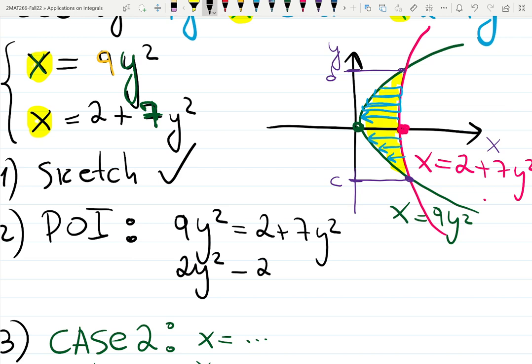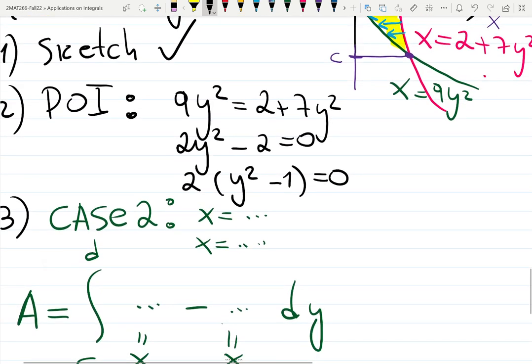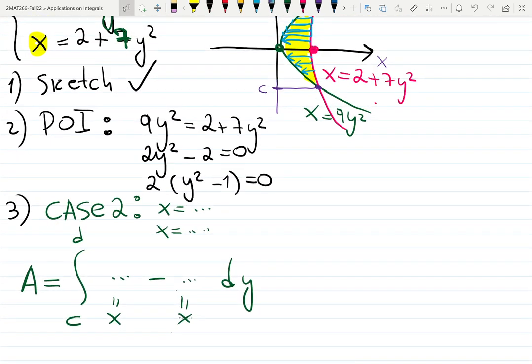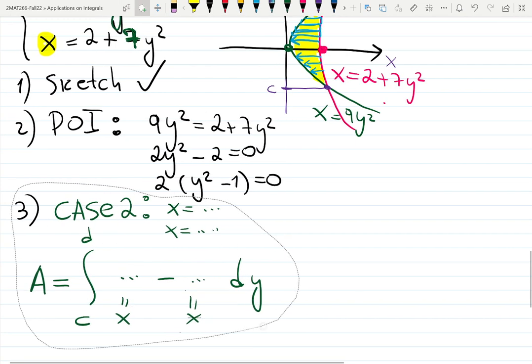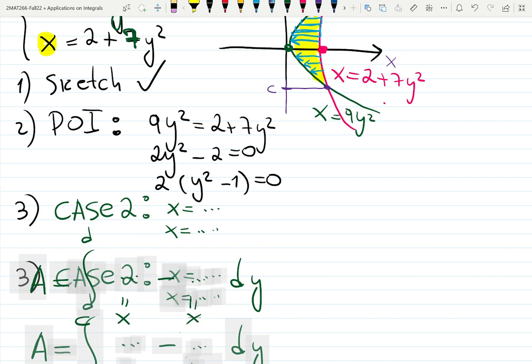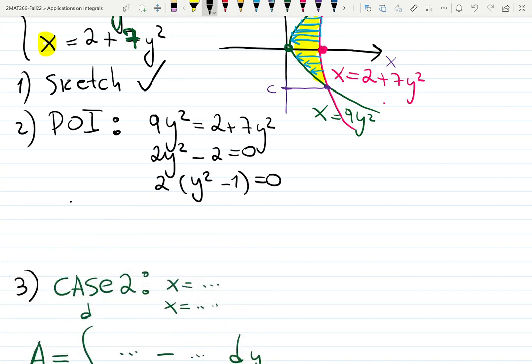Let's move everything to the left. Factor out 2, and you will have y squared minus 1 equals 0. Solve, so 2 cannot be 0. Then the only case this product is 0 is when y squared equals 1.